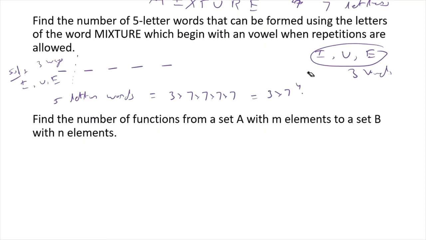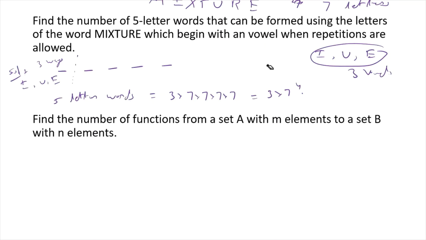If repetitions are not allowed, if I fill the first blank with one of the vowels, then I can fill the second blank with only 6 letters. That is when repetitions are not allowed. But here repetitions are allowed. Therefore, even if I use U in the first place, I can use U in the second place also. Therefore, in order to fill the second place, I will still have the 7 options.